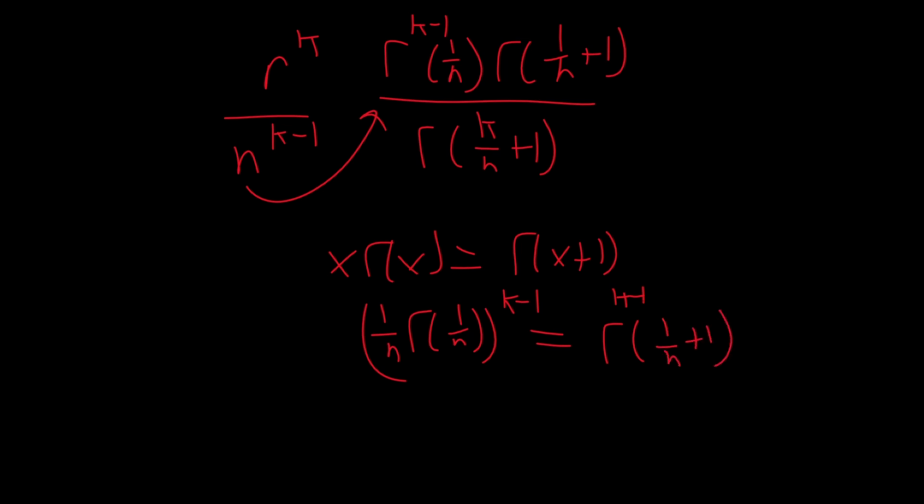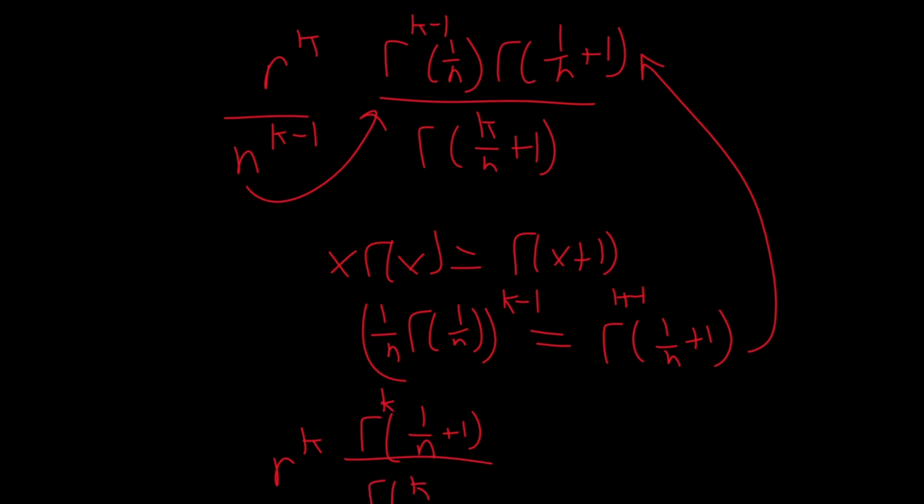And as such, we can combine it with that term right there. So ultimately what this simplifies to is r to the k, times gamma of 1 over n plus 1, but raised to the k power, hence why I mixed that up, over gamma of k over n plus 1.